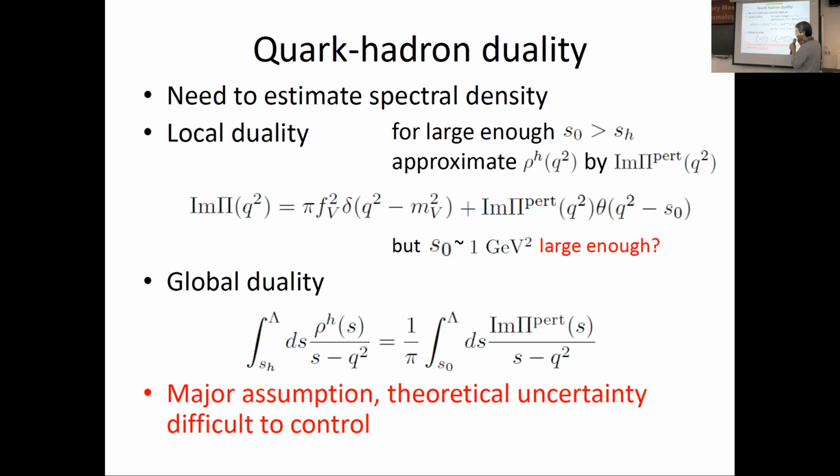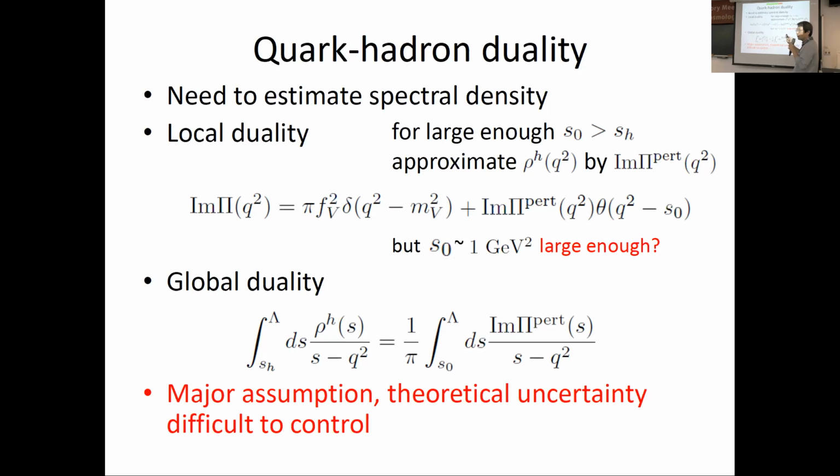This is a very strong assumption, because we know that this s_0 cannot be too big. Even though in principle, if s_0 is large enough, this duality should hold, s_0 cannot be too large, because this demonstration will hold only when s_0 does not exceed the excited state. If s_0 is larger than the excited state mass, then we have to include two poles.